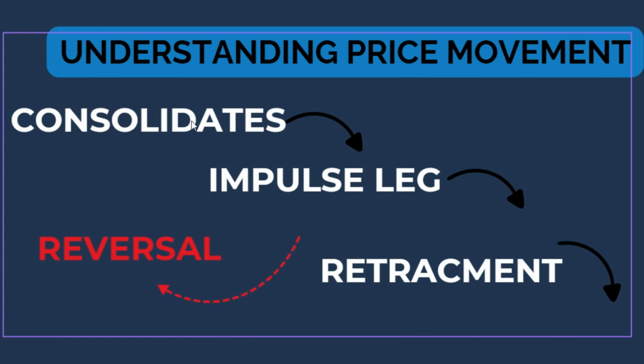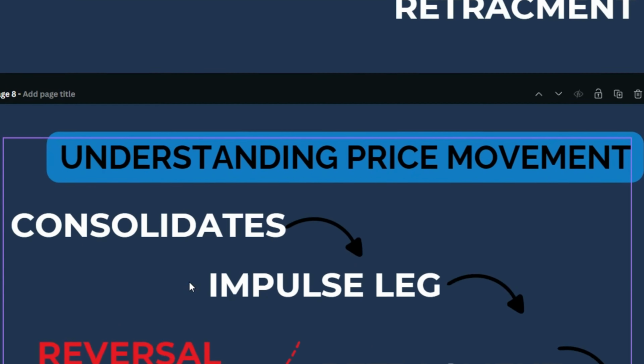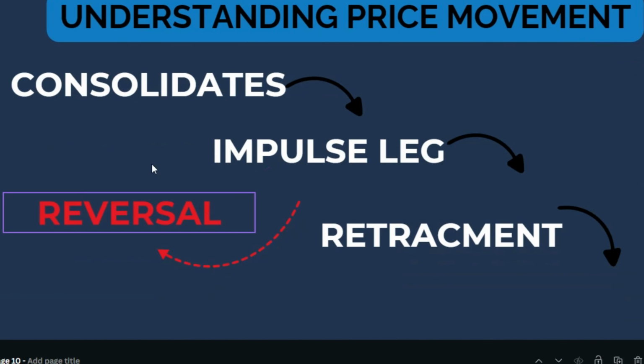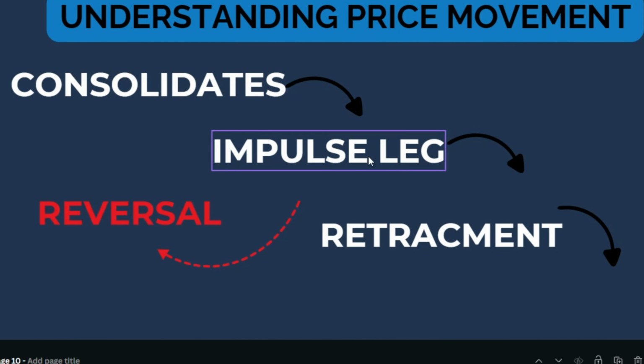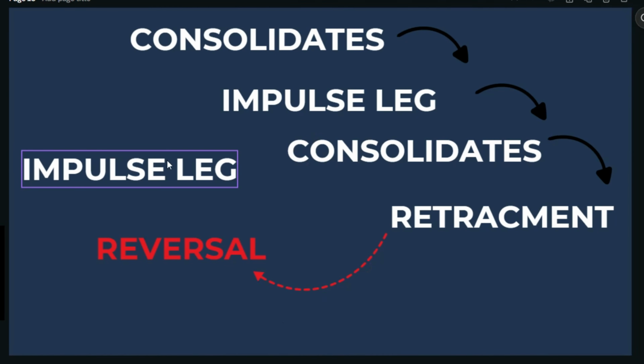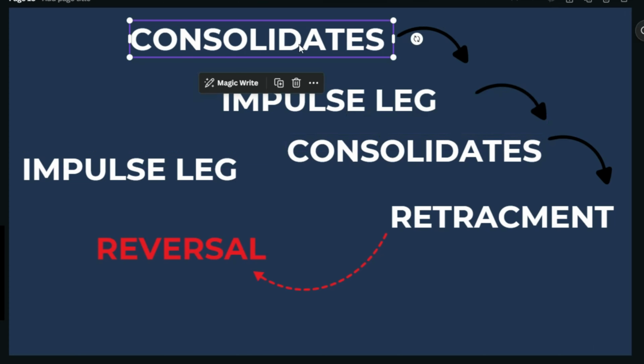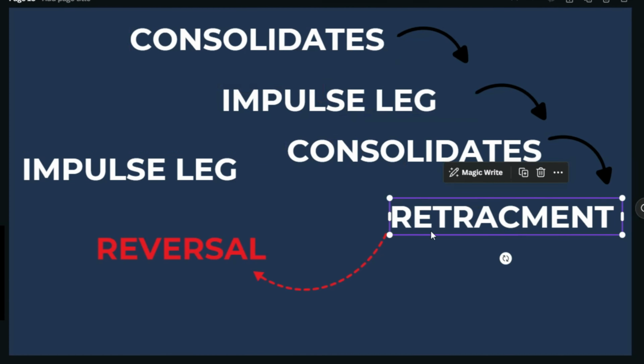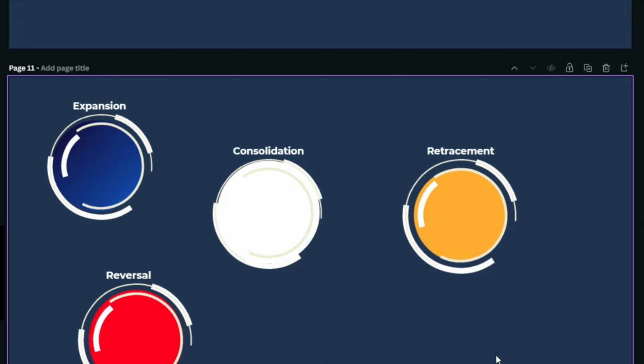So here, it consolidates, you have an impulse leg, and then it either retraces or you get a reversal. But how it most likely is going to be: consolidate, impulsive leg, and then it consolidates again. And then a retracement, reversal takes place.